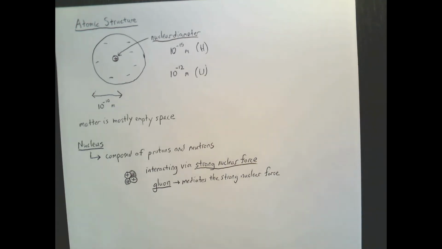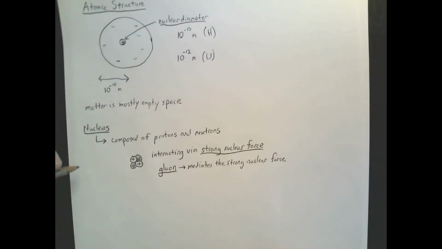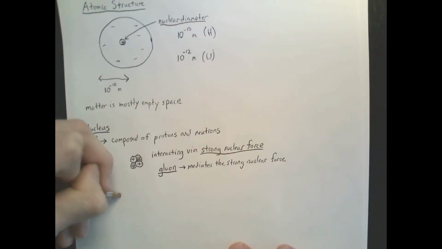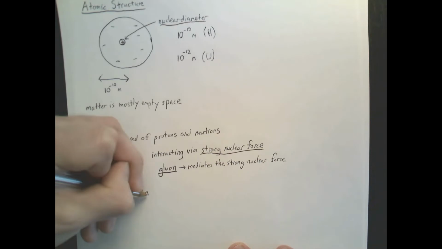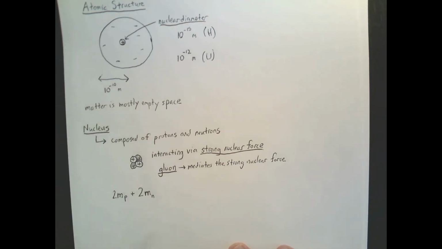There's something interesting about the way that nuclei bond. If we took the mass of this system, so we have the mass of 2 protons plus the mass of 2 neutrons, I'll do Mn there, what we find out is that this does not equal the mass of the helium nucleus.